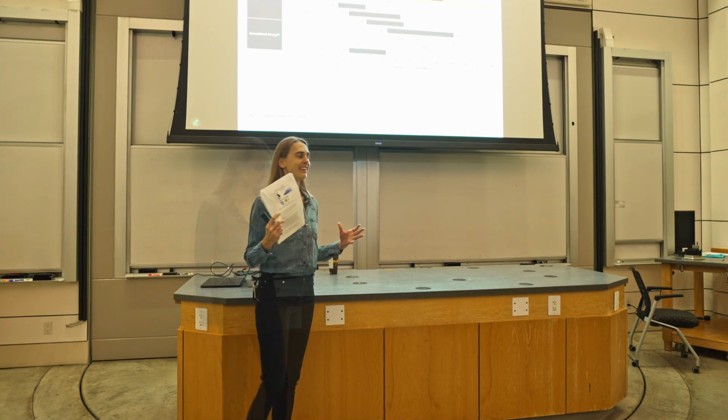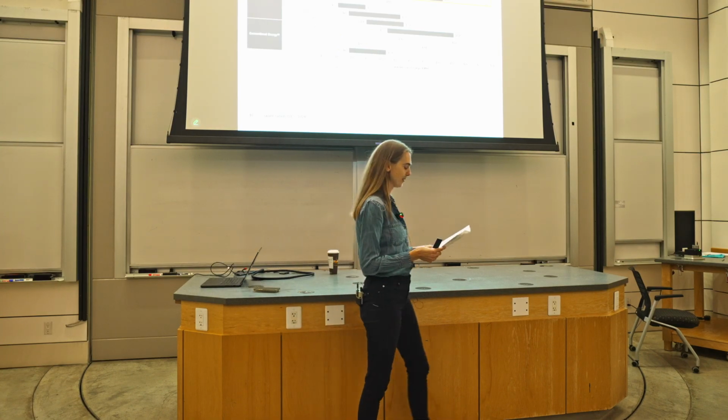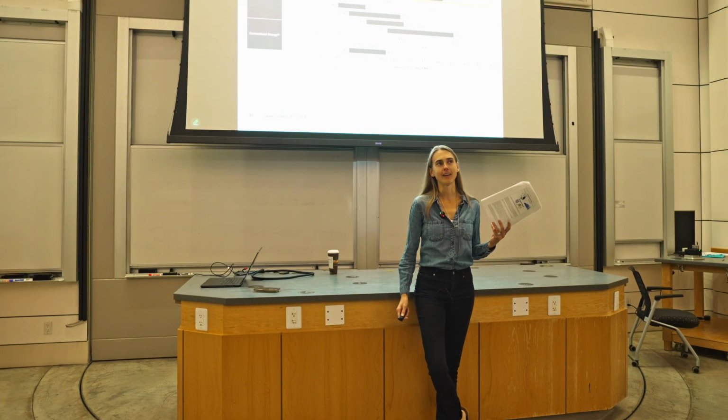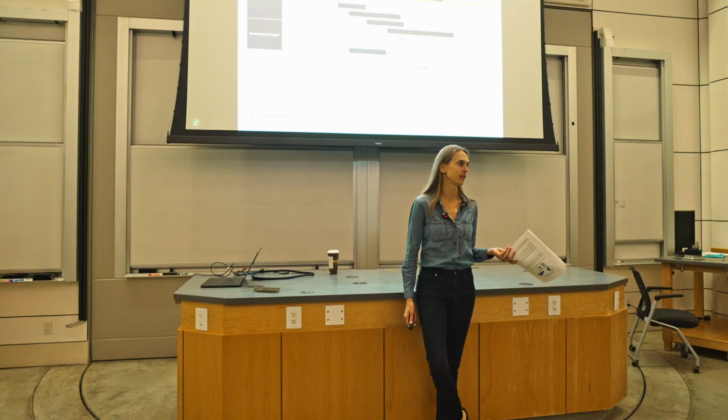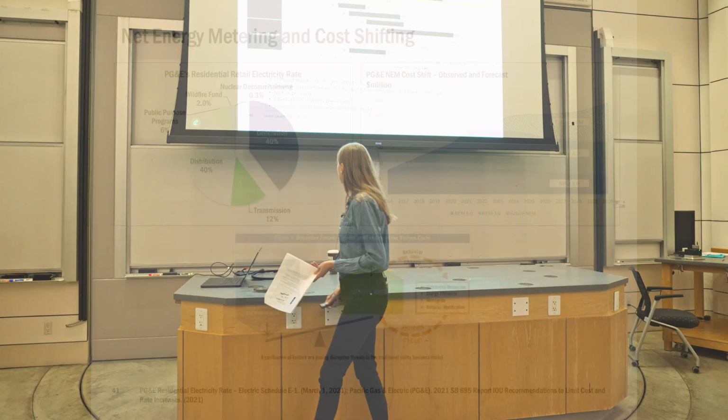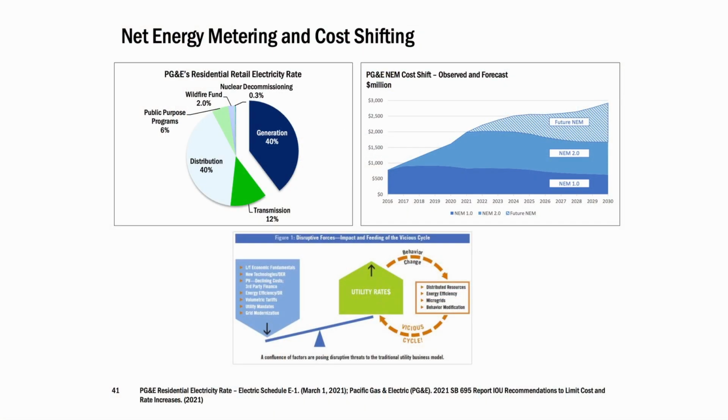In many markets across the US, we have net energy metering, right? Where these projects, rooftop projects, get compensated at or close to the retail rate of electricity. But if you'll remember from the grid lecture, the retail rate of electricity doesn't just include the costs of generating electricity. It includes all the costs for the transmission and distribution system.